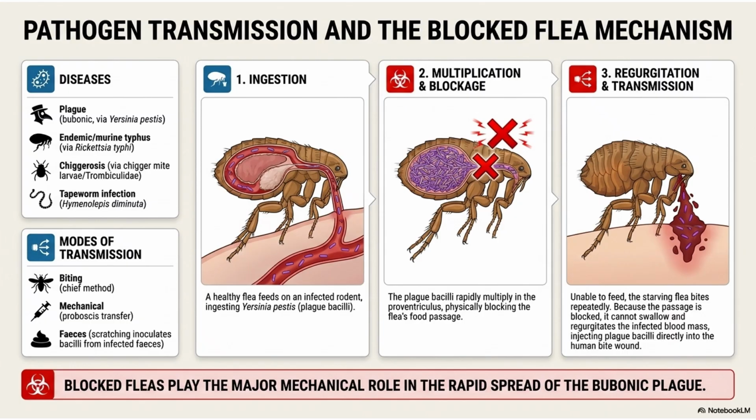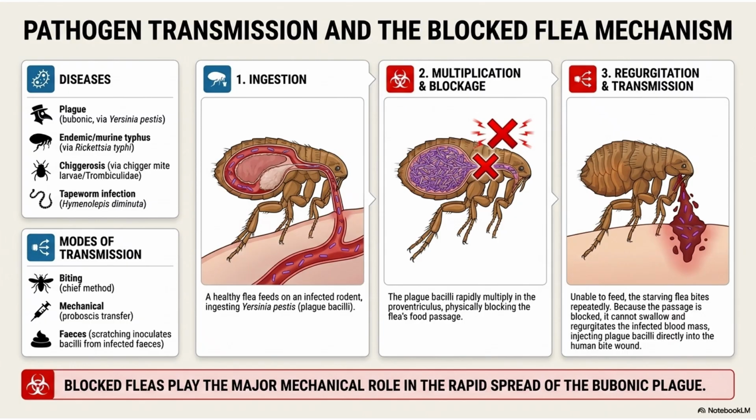When they are sucking blood, the bacilli in the fleas will be injected into humans or other mammals or birds. So biting is the main mechanism. After that, mechanical transmission by proboscis and feces. Flea feces deposited on the human skin will also transmit the disease.